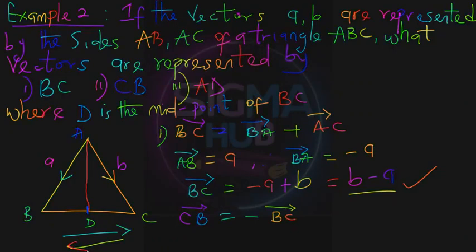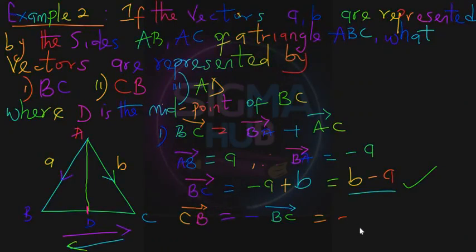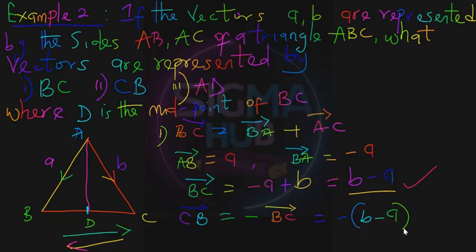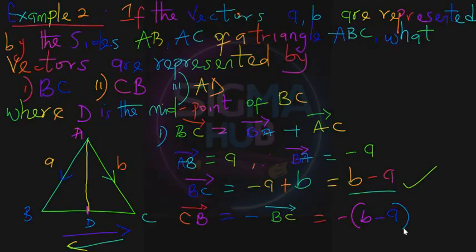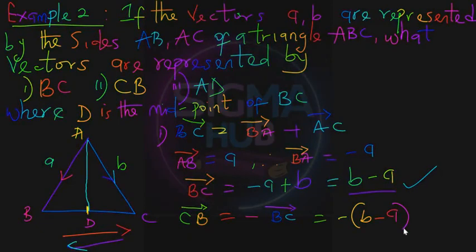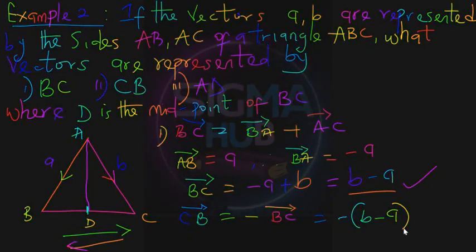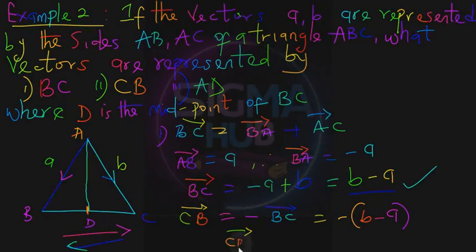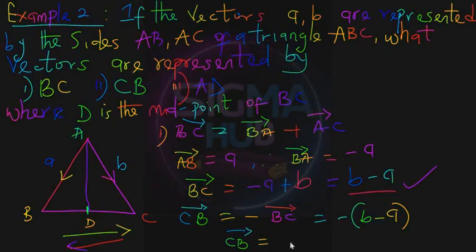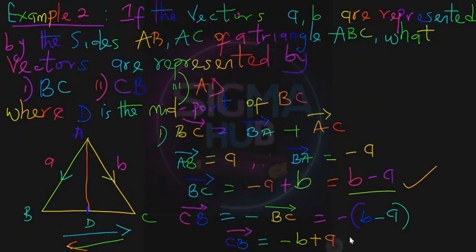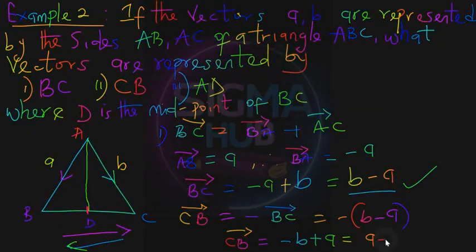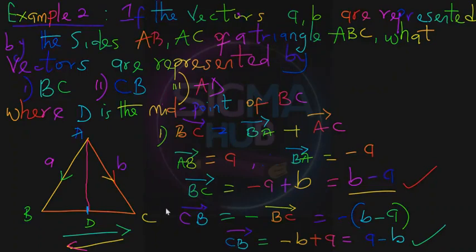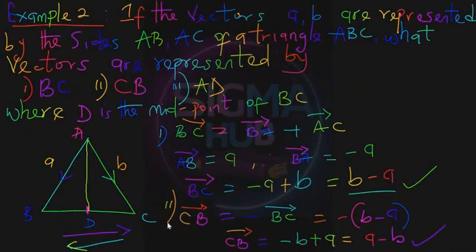So my CB is negative BC, which is going to be negative B minus A, because my BC is B minus A. Definitely, my CB will be negative B minus A, that is minus into bracket B minus A. Now, removing the bracket, I'm going to have CB equal to minus B plus A, which could be written as A minus B. So we have talked about BC, and at the same time we are talking about CB now.